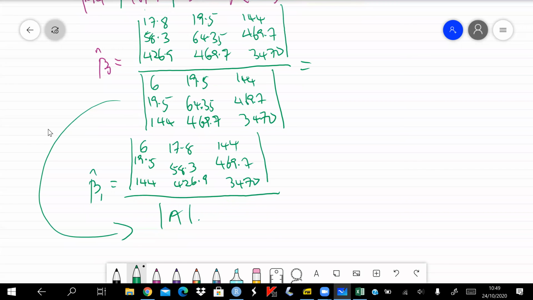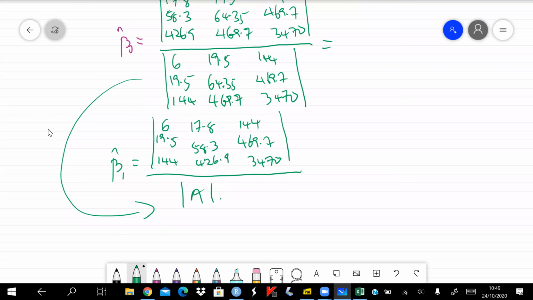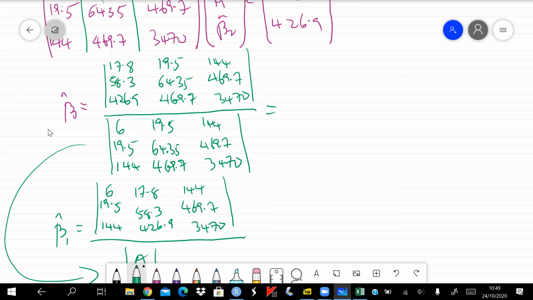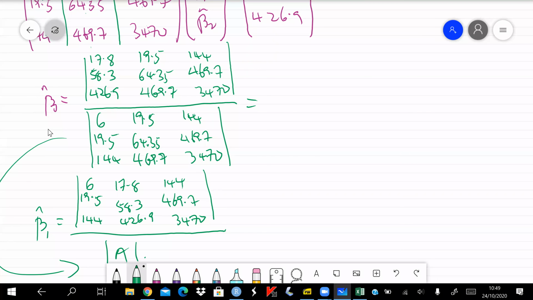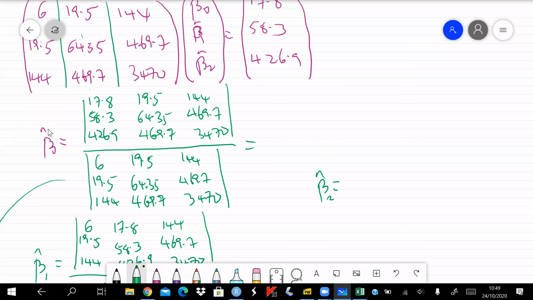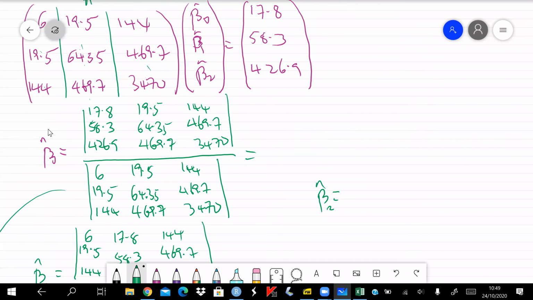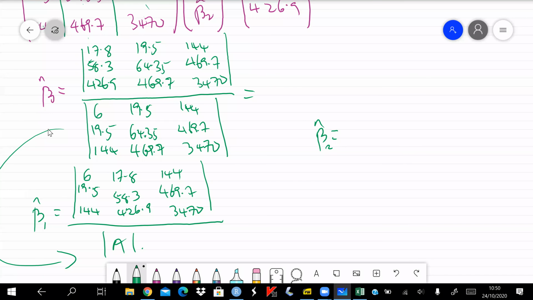And we do the same for beta 2. Let me write it here so that all of them can be seen. So beta 2 estimate will be given by, now I replace the last column of this matrix with this column. So I will have the determinant of 6, 19.5, 144.